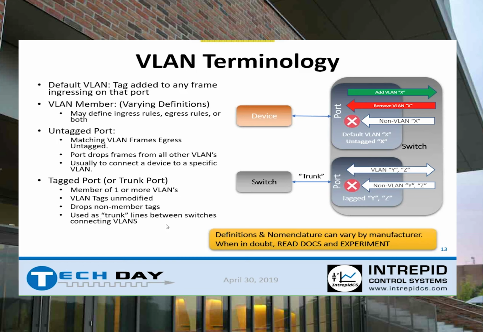Then you hear VLAN member, and what I've found is that the definition can vary depending on the manufacturer of the IP or whoever's doing the configuration utility. It may define ingress rules, saying only frames that belong to the same VLAN can ingress, or it could belong to the egress rules, or both.